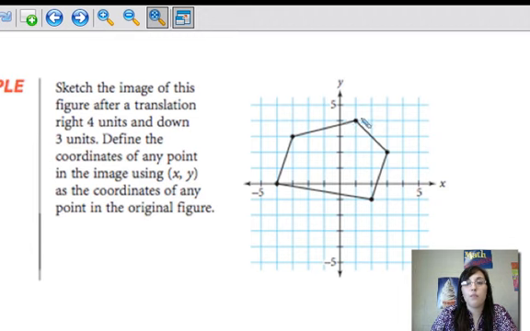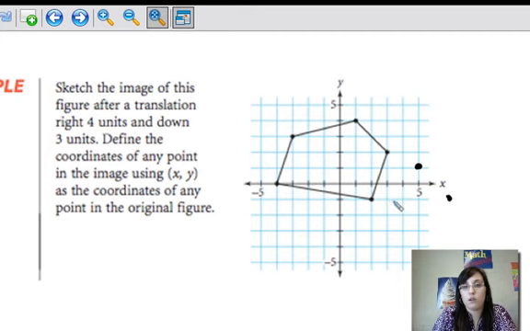So basically I'm just going to take each point. Starting from this top one here, I'm going to go to the right 4 and down 3. Okay, this point I'm going to go 1, 2, 3, 4. So here, 1, 2, 3, 4, and down 1, 2, 3. Just do the best I can with what's given here.